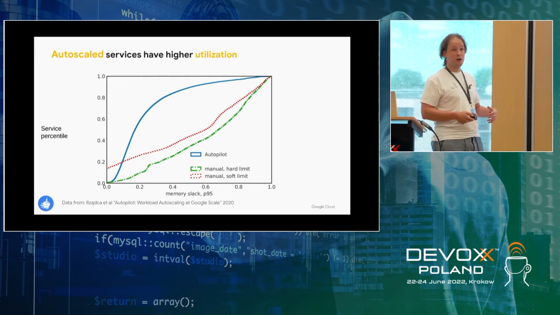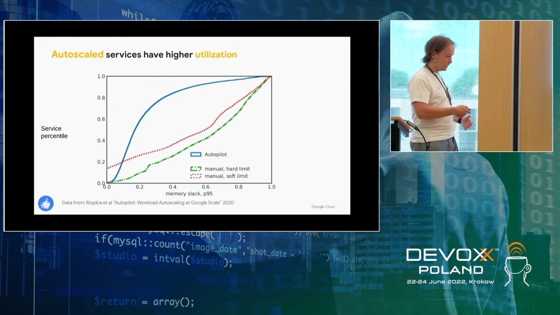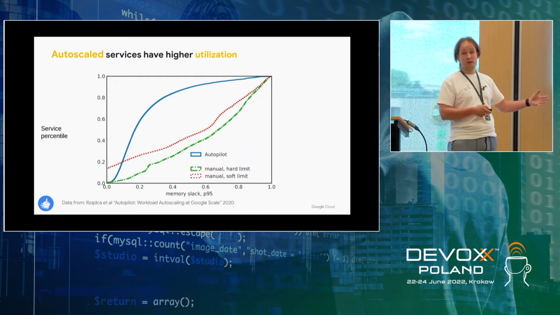This is a graph from the Autopilot paper that we published a couple of years ago. On the y-axis, you have the percentile of service. And on the x-axis, you have memory slack. Memory slack is the difference between high percentile of memory usage and the memory limit.